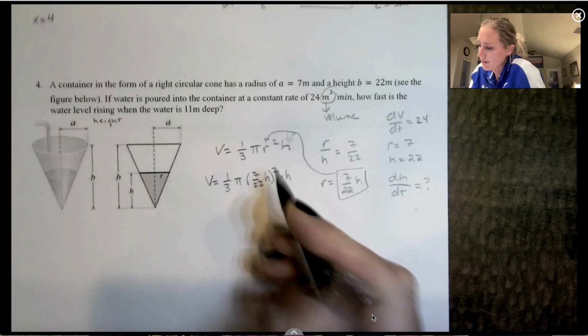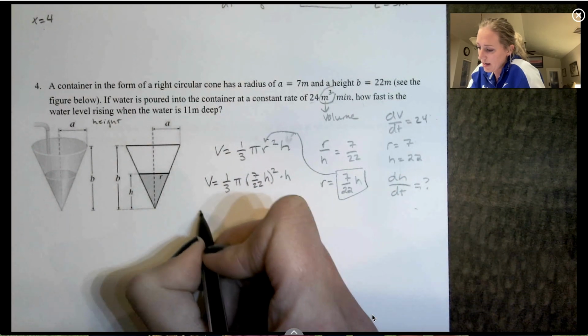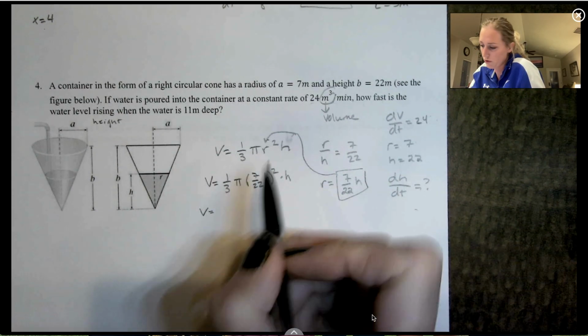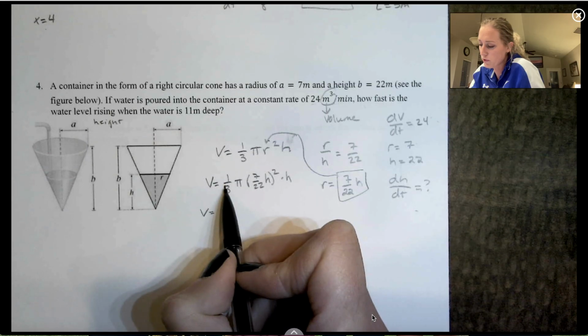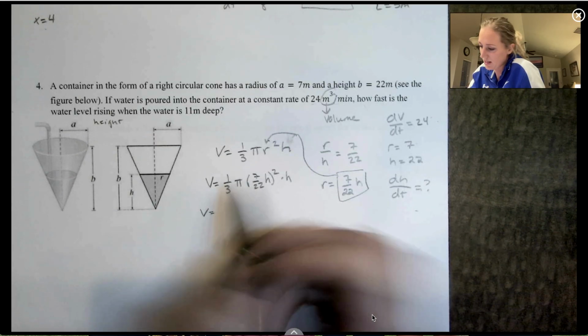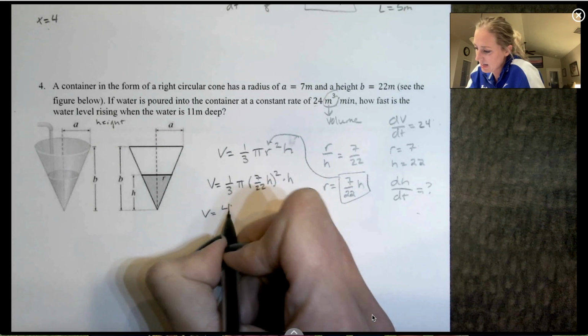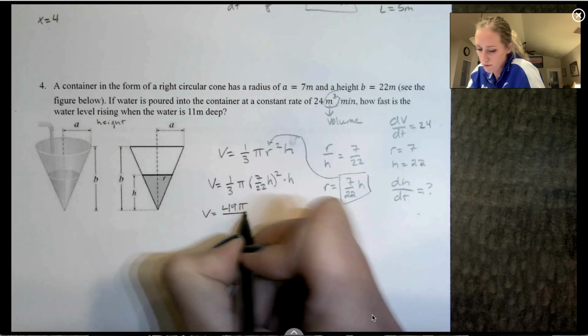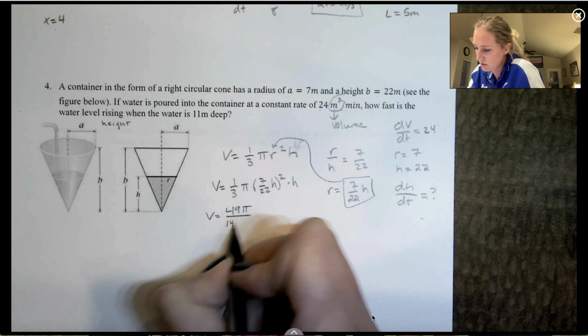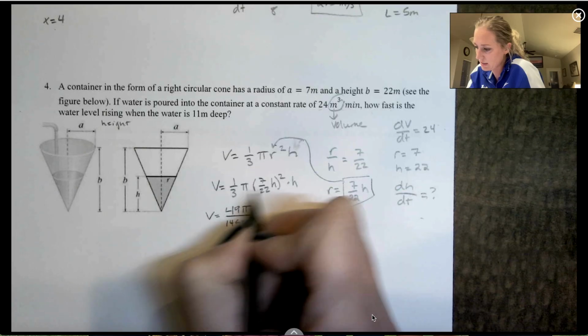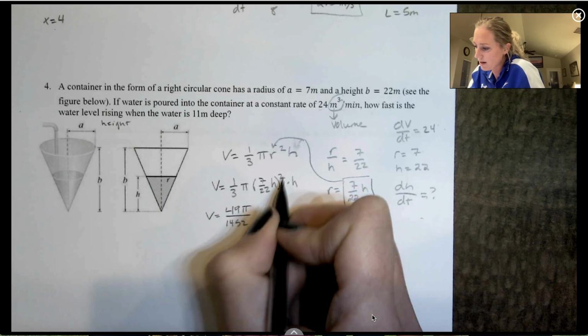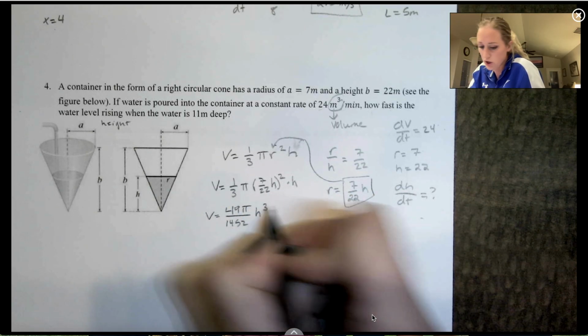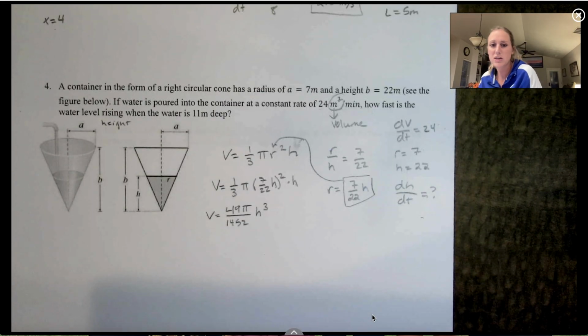Okay, so if I square everything in there, we get the volume. So I'm going to square everything, and I'm going to multiply by 1/3. So I'm going to get 49 pi over 1452, so that's 22 squared times 3, and then h squared times h is h cubed. Okay, so now this becomes also easier to differentiate. We have less variables.